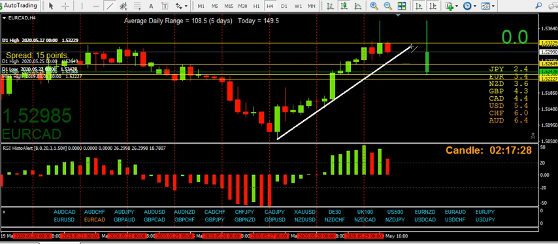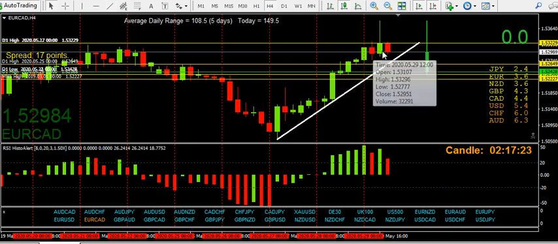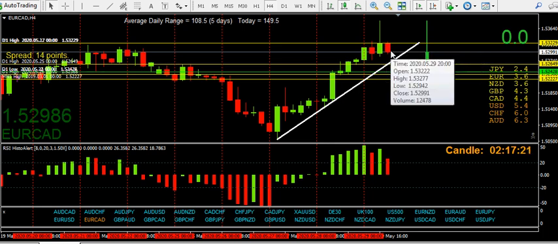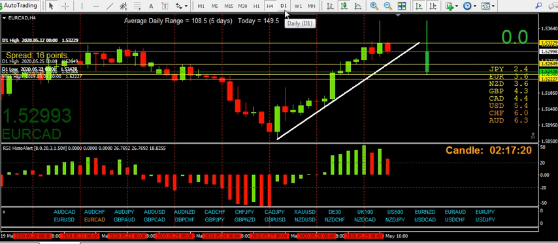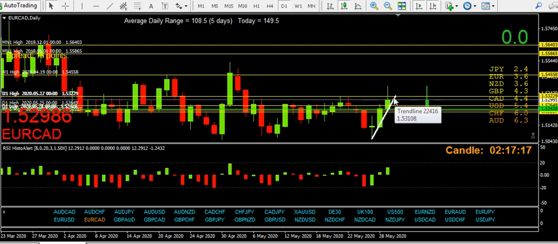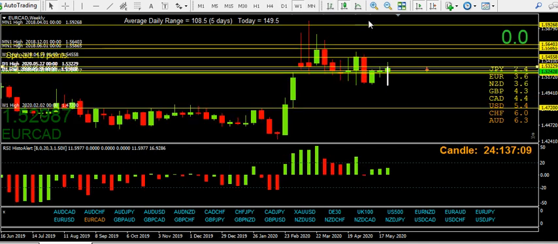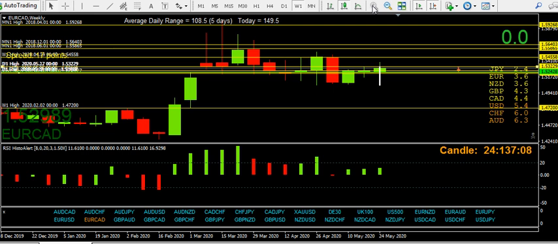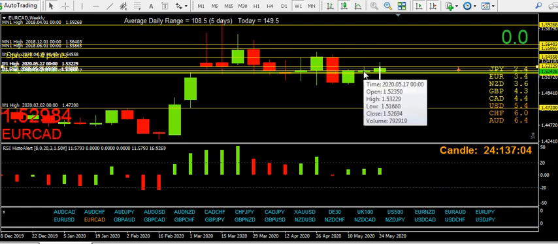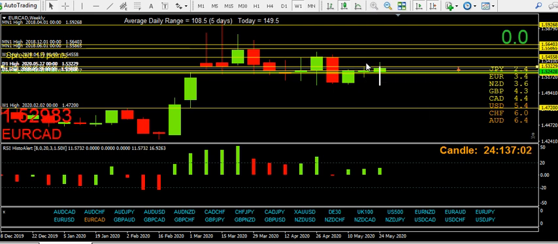But just watch this if you get time tomorrow or tonight, see what it does. It'd be really interesting to see whether they do try and close it through that high there. And that is the weekly high, isn't it? I think, was it the weekly high? Yeah, that's the weekly high as well as the daily high.